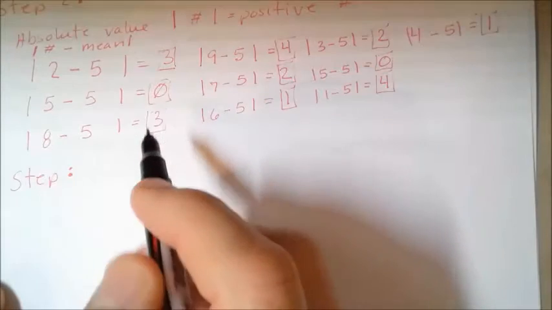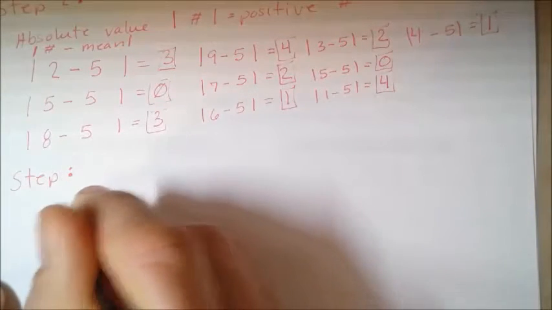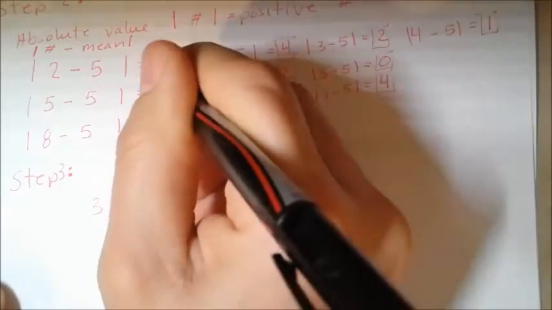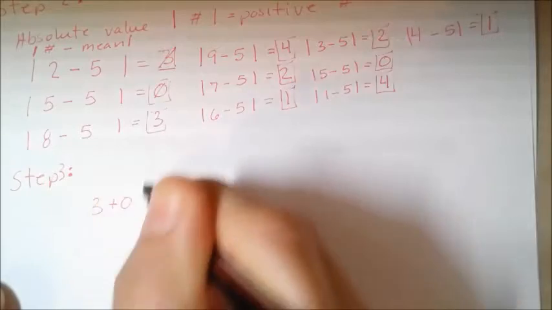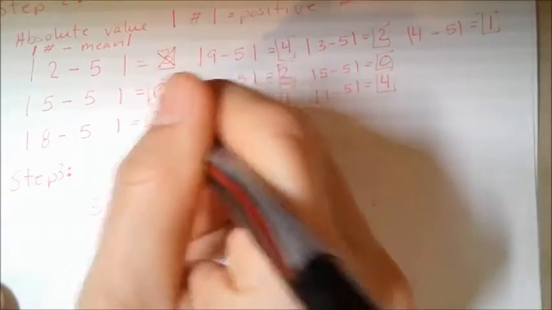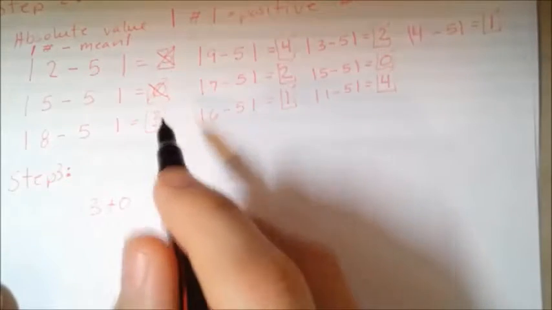So I'm going to mark these off as I do them. I'm going to go ahead and do step 3. We have 3 plus 0. Now I know we didn't have to write the 0, but I want to write it because I want to show you that we're using each one of these numbers.